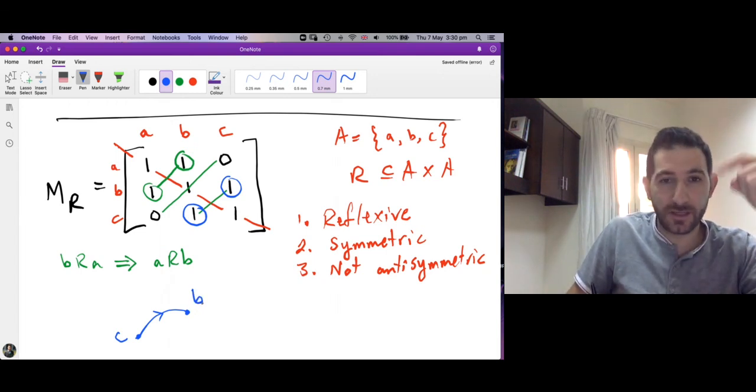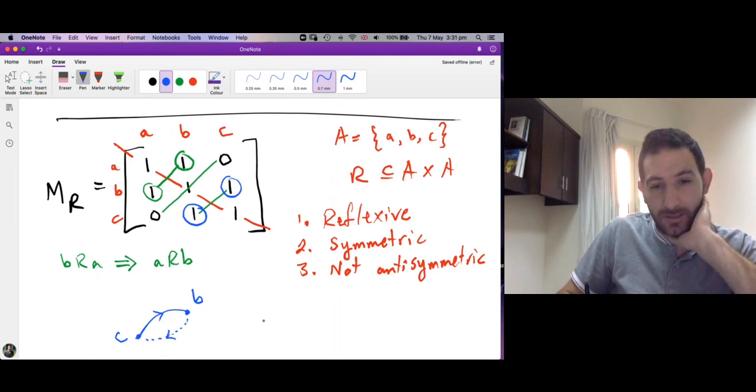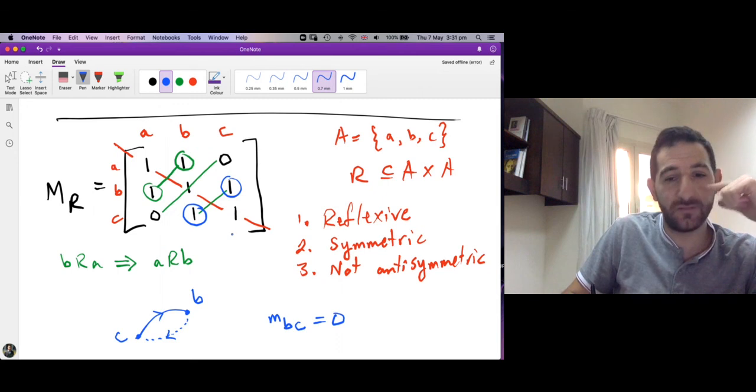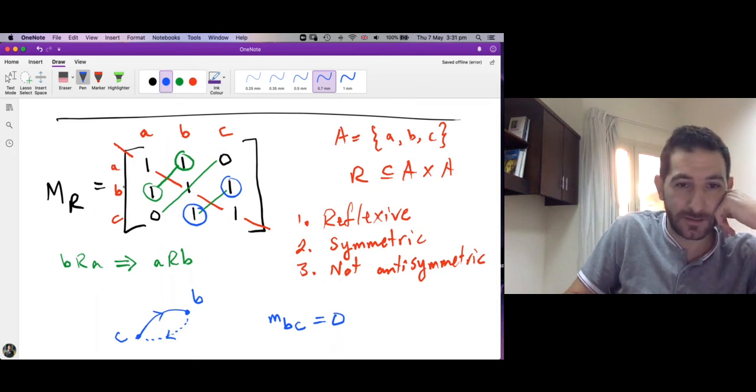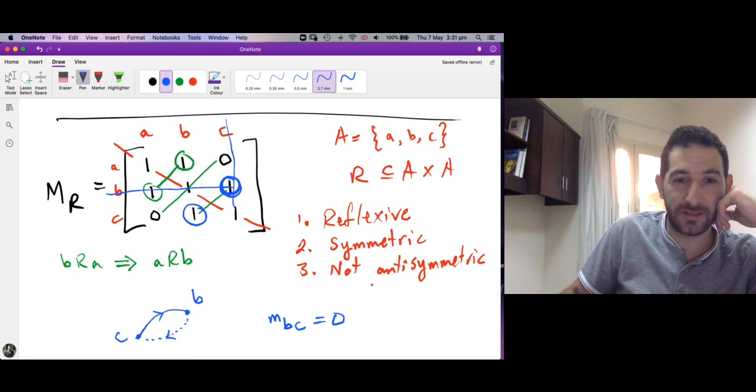For the sake of contradiction, if the relation was antisymmetric, since C and B are different, then we should not have an arrow. So we expect the entry BC to be 0. But where is the entry BC? It's this one. Here is B, and here is C. We expect this to be 0, but it's 1. And so it can't be antisymmetric.